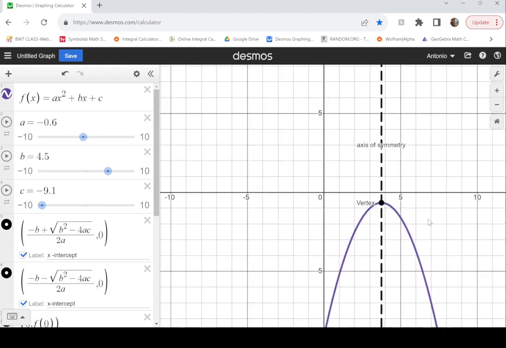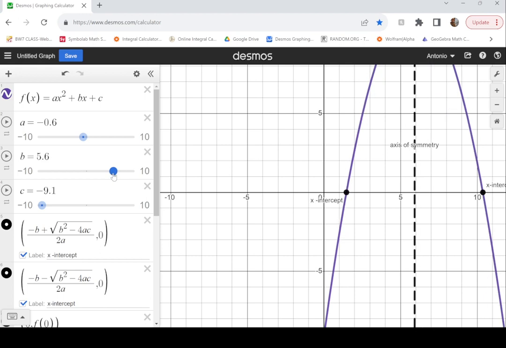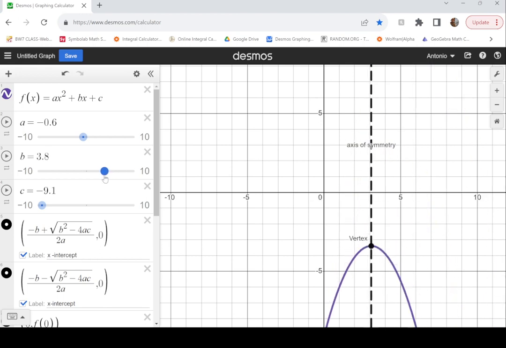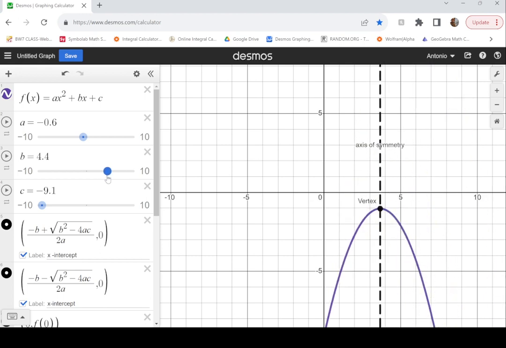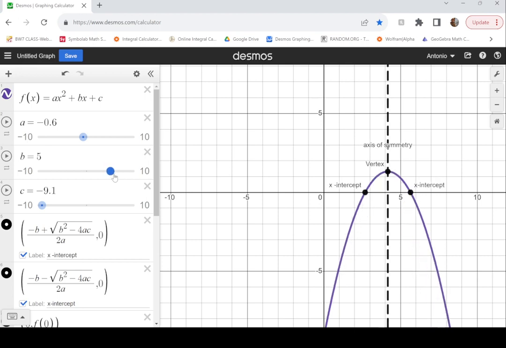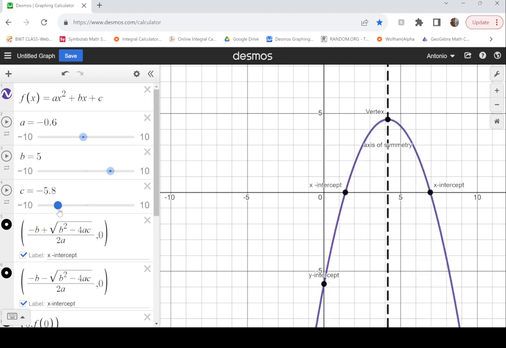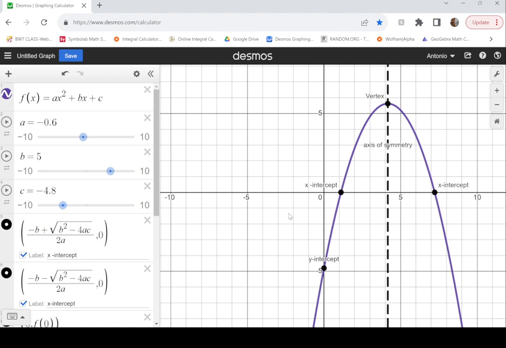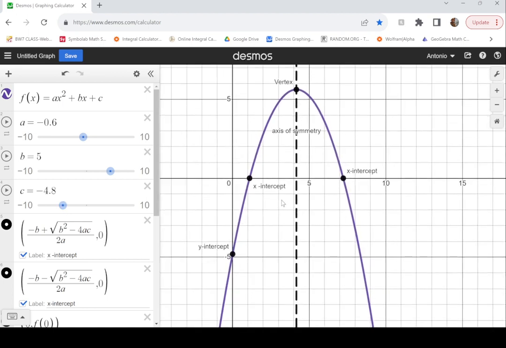The y-intercept might be the origin, but it's still a y-intercept. What we're not guaranteed is x-intercepts. Sometimes we might have 0, sometimes 1, where the vertex lies right on the x-axis, and sometimes we'll have 2. So just keep that in mind as you go through your studies: there are different possibilities for the x-intercepts.